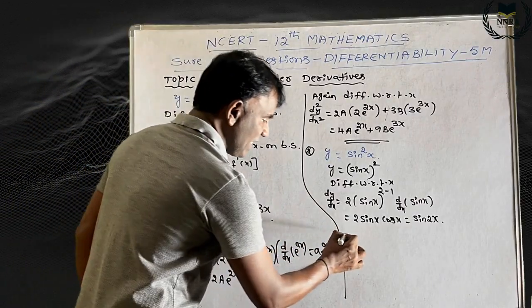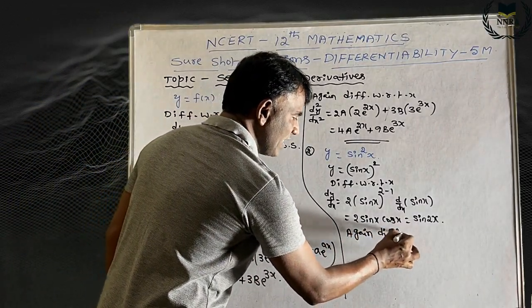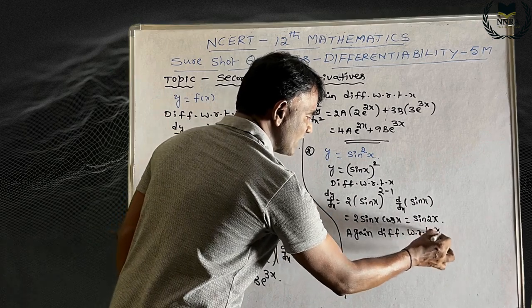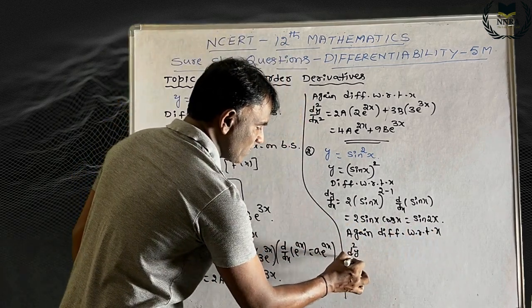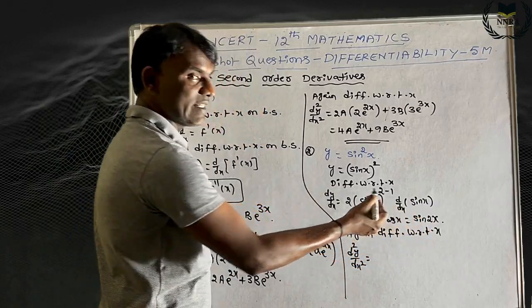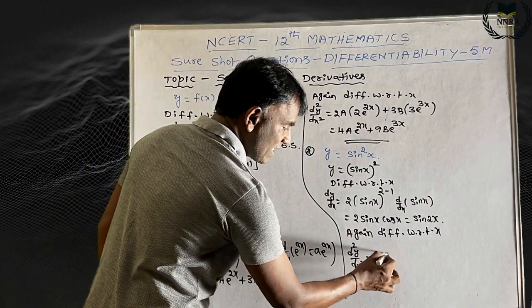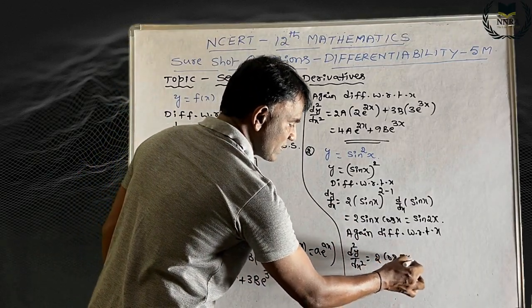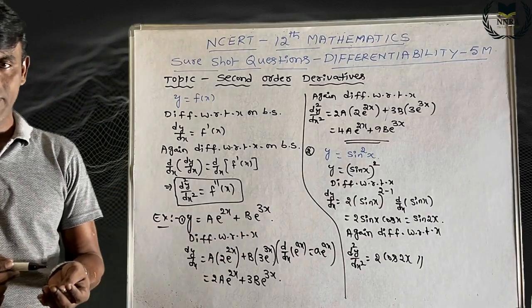Now again differentiating with respect to x, we get the second order derivative d square y by dx square. This is the form of d by dx of sin ax, which can be written as a into cos ax, where a equal to 2. So that is the second order derivative.